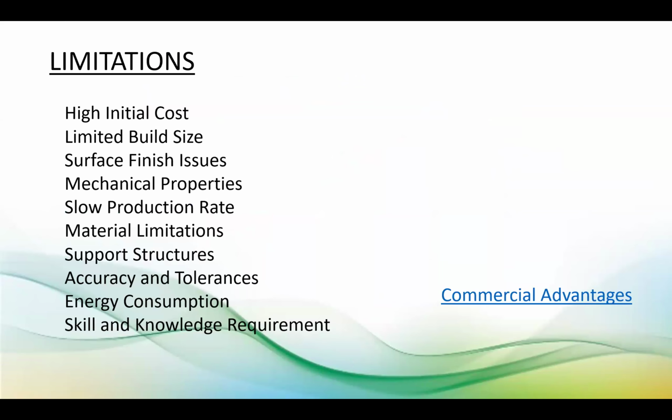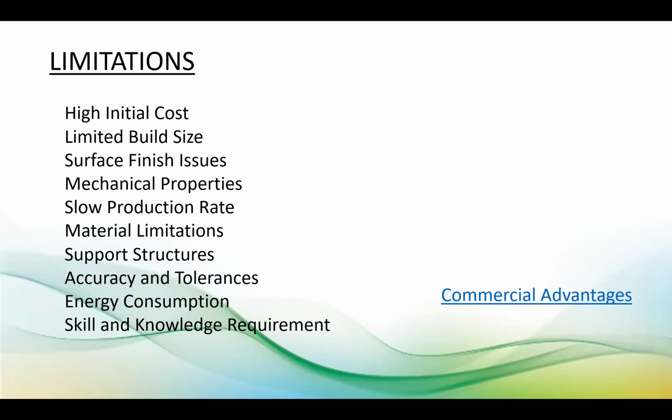These are the limitations of additive manufacturing. This is also AI generated. High initial cost is there. Limited build size. We can produce only limited build size. Manufactured components have surface finish issues.